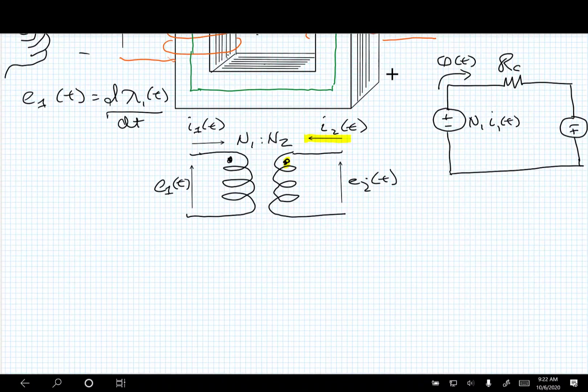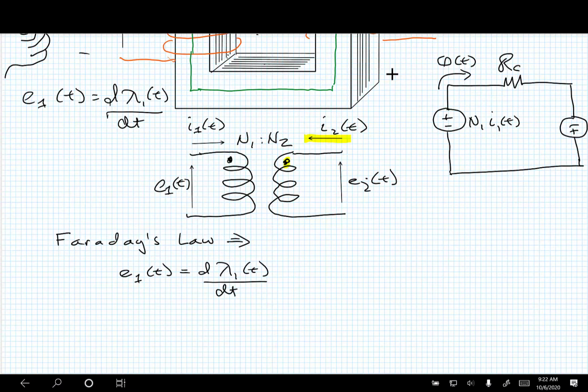Okay, so let's apply Faraday's law first to this structure. Faraday's law says that E1 of T is equal to d lambda 1 of T dt, where lambda is the flux linkage.